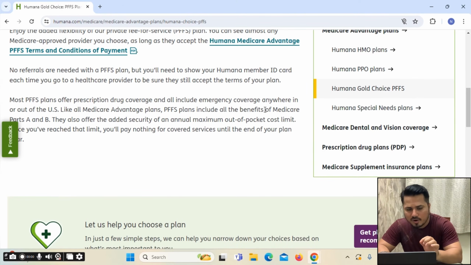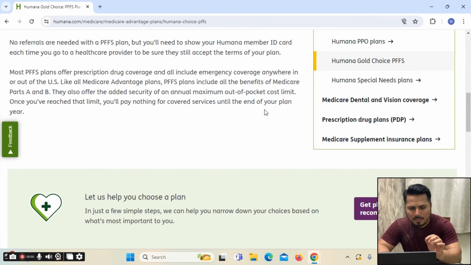Now, no referrals are needed with a PFFS plan, but you will need to show your Humana member ID card each time you go to a healthcare provider to be sure they still accept the terms of your plan. Most PFFS plans offer prescription drug coverage and all include emergency coverage anywhere in or out of the United States, like all Medicare Advantage plans.